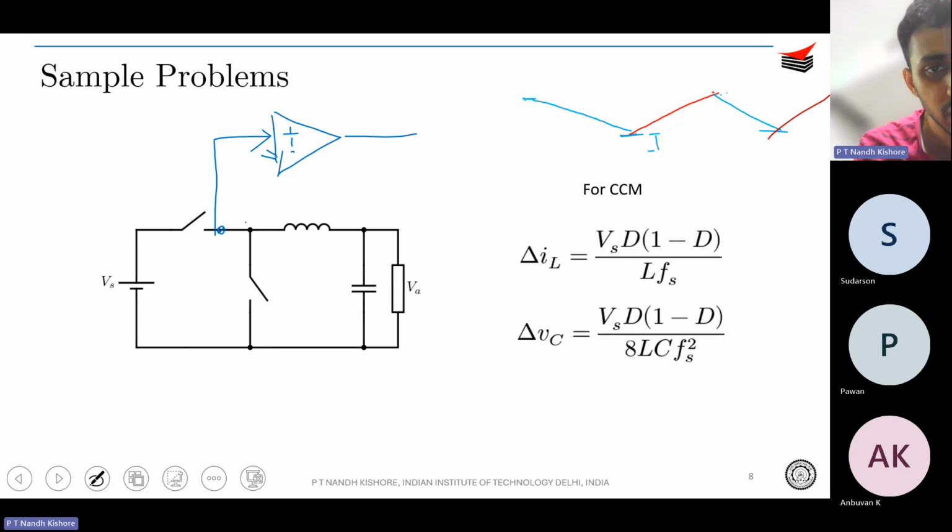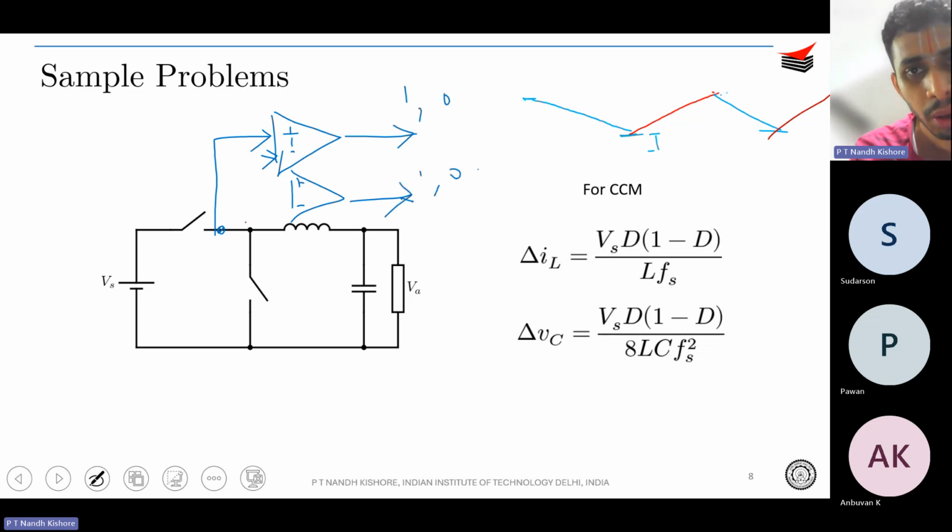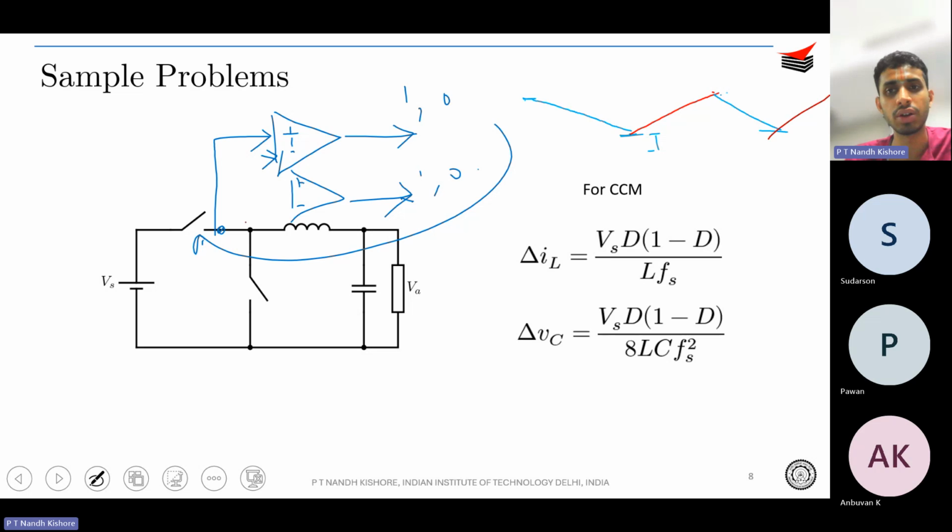So you'll have references I min and I max. They will have two comparators, of course. If it crosses I max or I min, it will give you a 1 or 0. Based on that, you can switch this device. Based on this logic, it's a simple comparator logic.